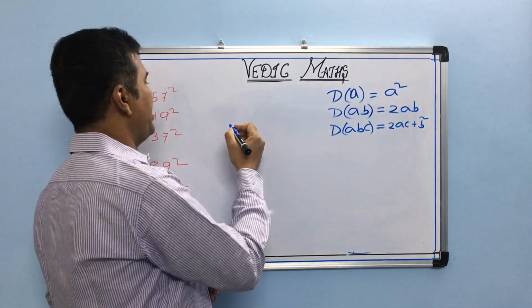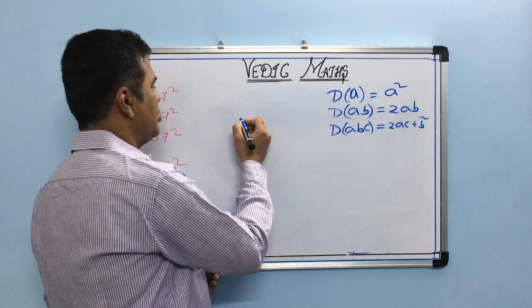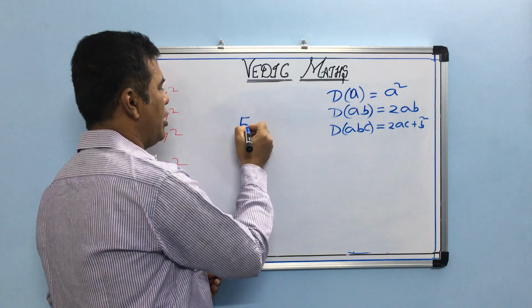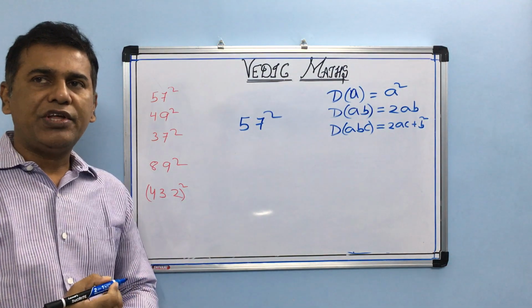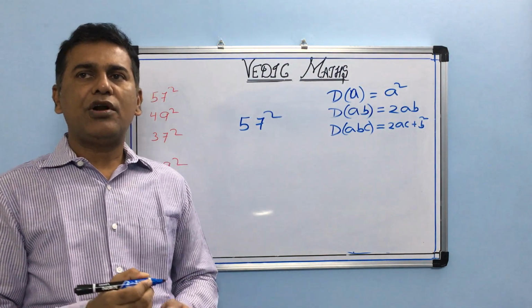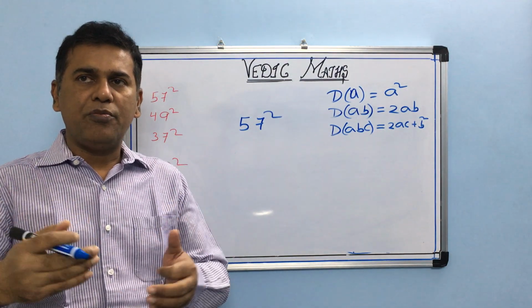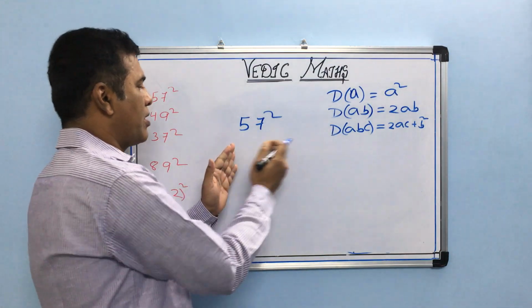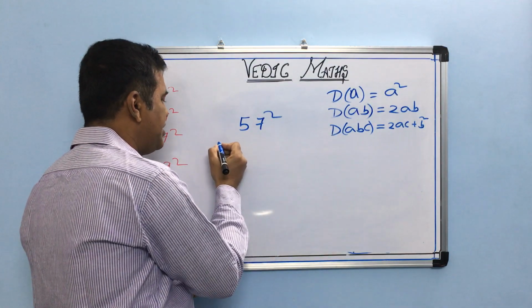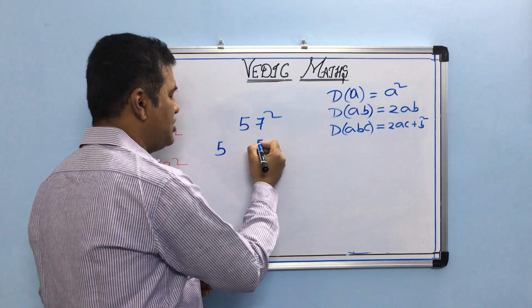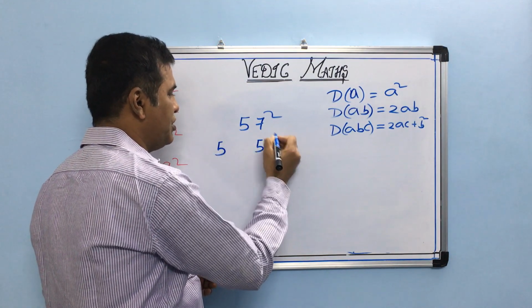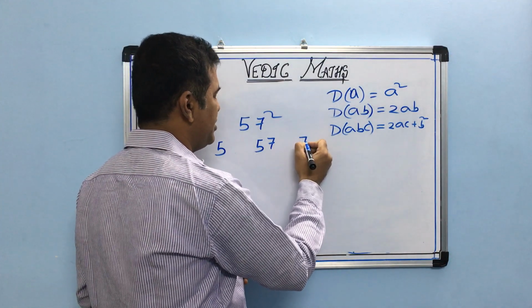Suppose our question is, what is the square of 57? First of all, we will make groups: a group of 1 digit, that is 5, then 2 digits, that is 57, and again 1 digit, 7.